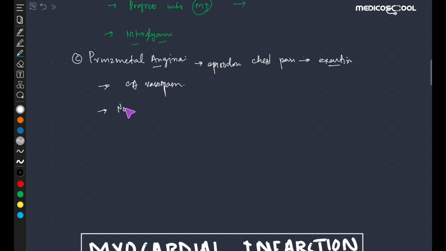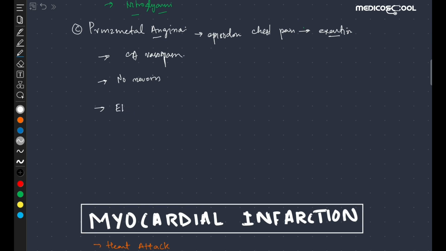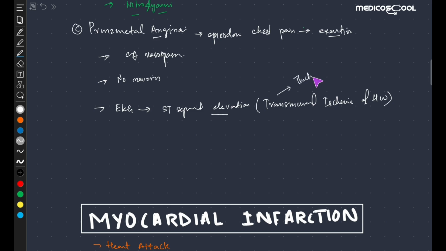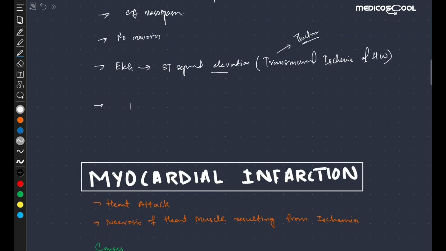The same, there is no necrosis in the myocardial cells, and the EKG shows ST segment elevation, and this ST segment elevation is due to the transmural ischemia of the heart wall. Transmural, what does transmural mean? Throughout the thickness of the heart wall. This transmural ischemia results in ST segment elevation, and it can be relieved through nitroglycerin or by giving calcium channel blockers.